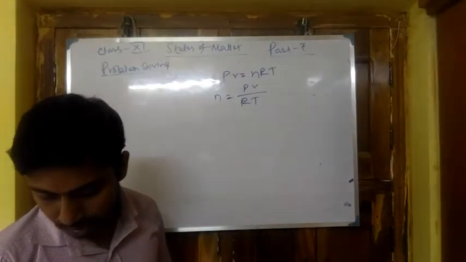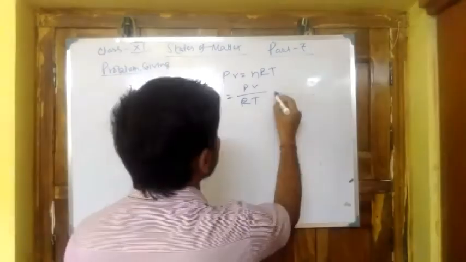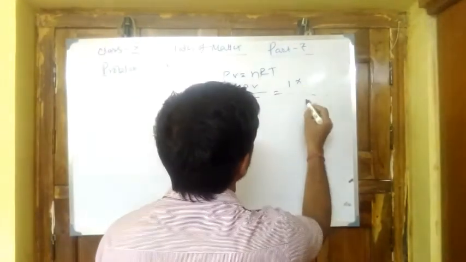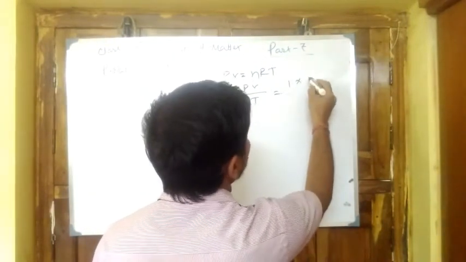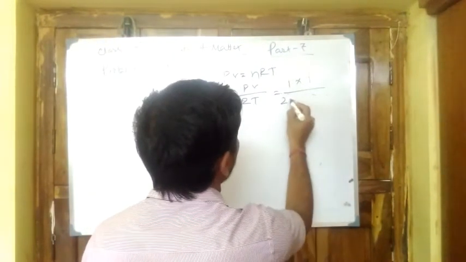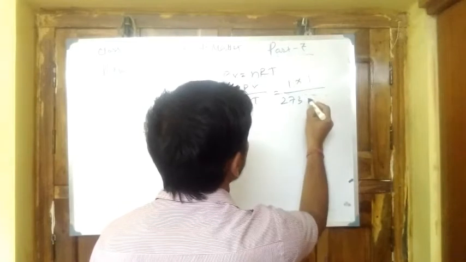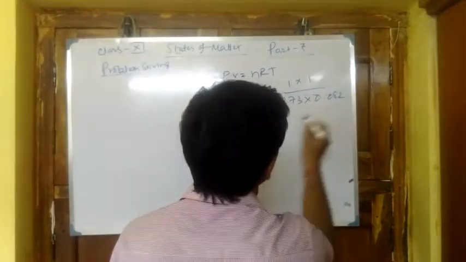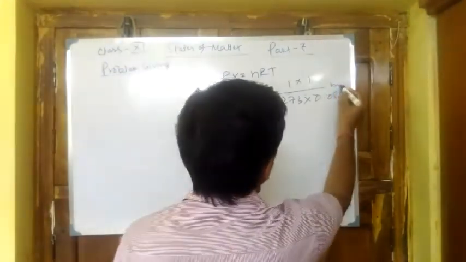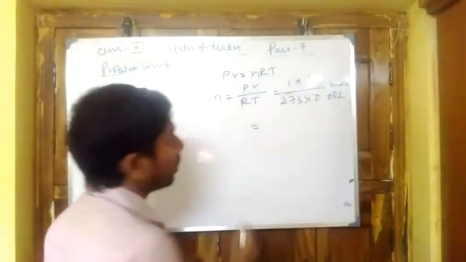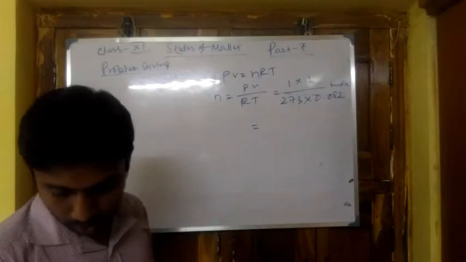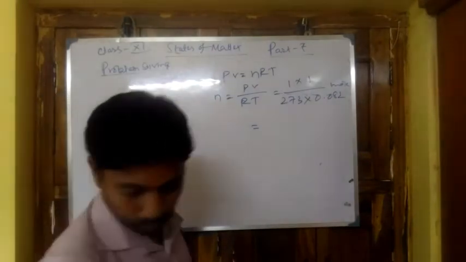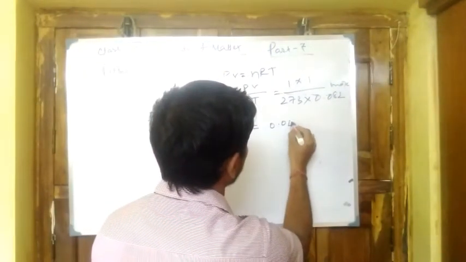Now the condition is standard temperature and pressure, and volume is also given. P is equal to 1, volume is 1, divided by R, 0.082, and 273 is the T. The number of moles is equal to 0.045.